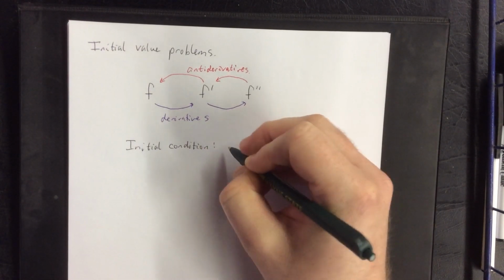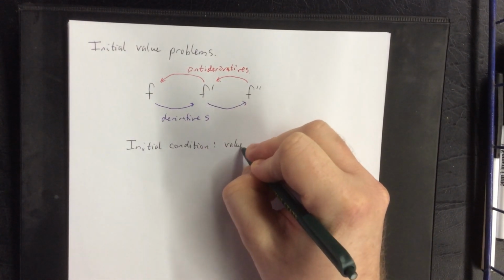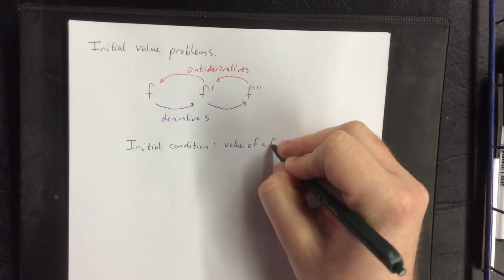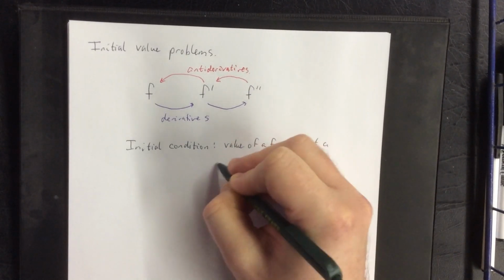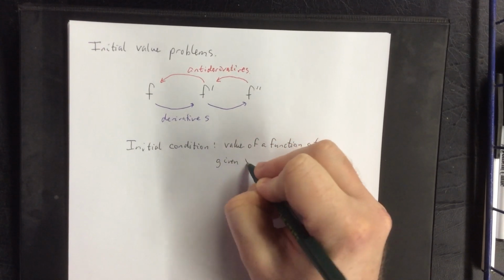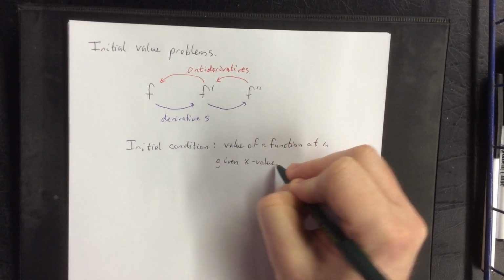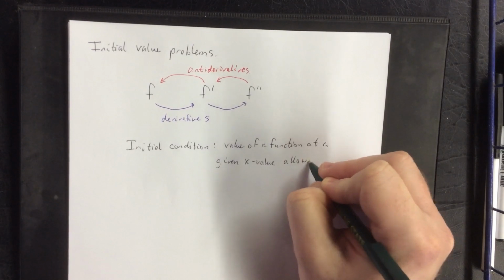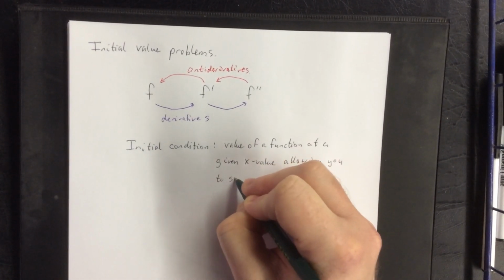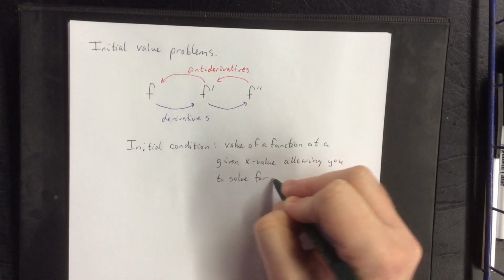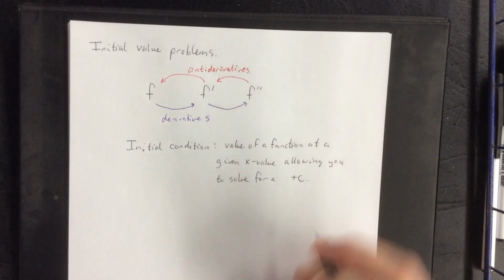An initial condition would be the value of a function at a given x value, allowing you to solve for a plus c.